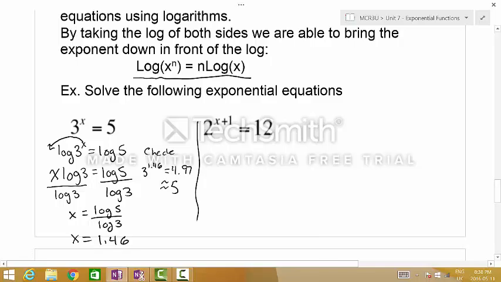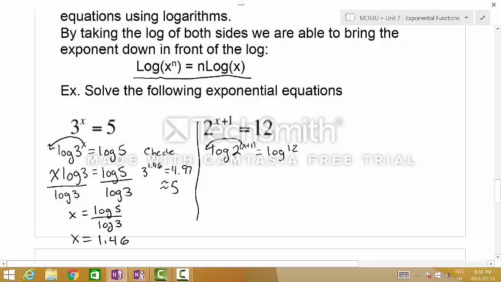Again, 2 and 12. 12 we can't turn into a number that is base 2, so we can't do that equivalent base. We need to use logs instead. So we're going to take the log of both sides, and I'm going to put brackets around that exponent and bring it down front.